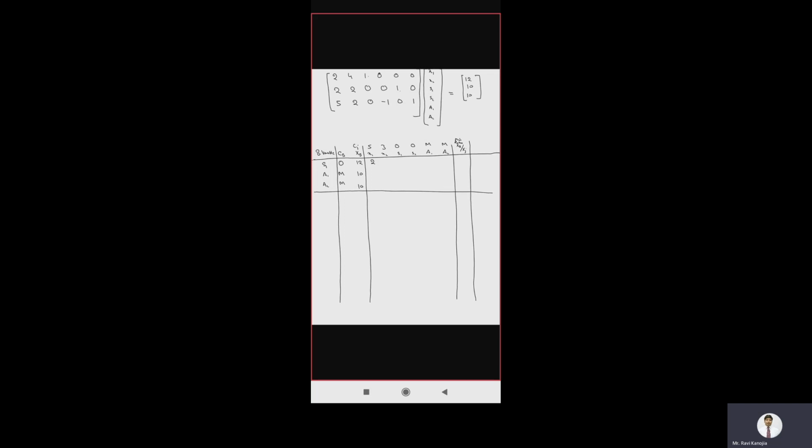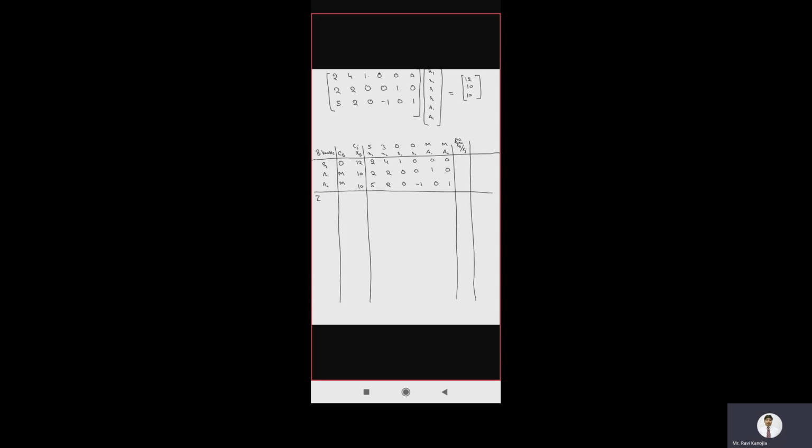And then we can copy the entire matrix from over there: 1, 0, 0, 0, then 2, 2, 0, 0, 1, 0, and then we have 5, 2, 0, minus 1, 0, 1. Right?